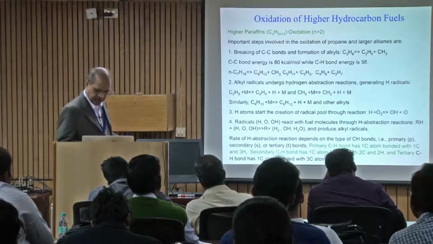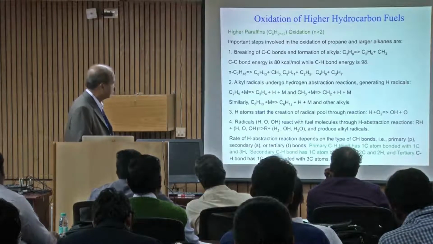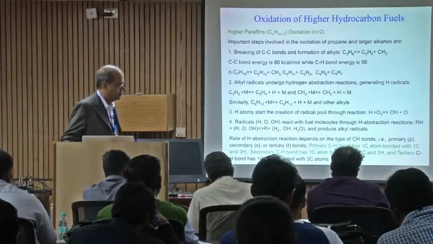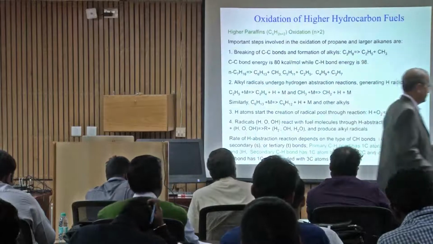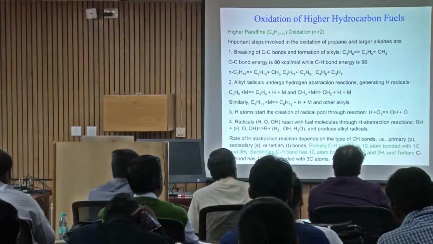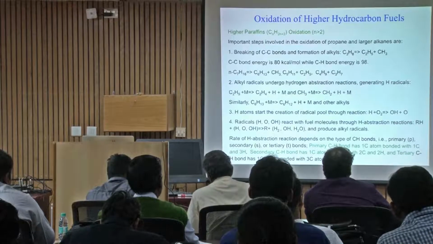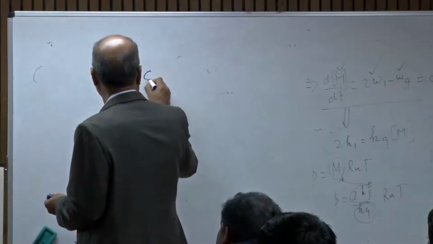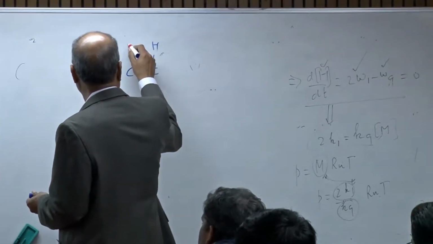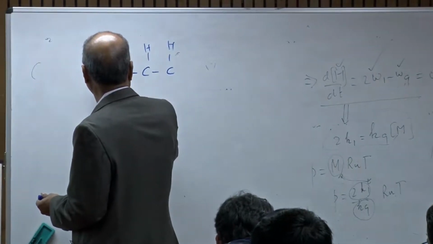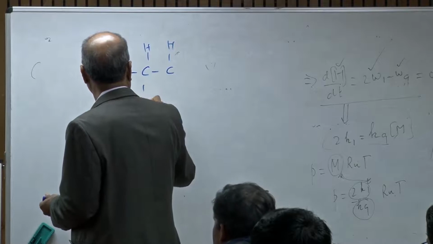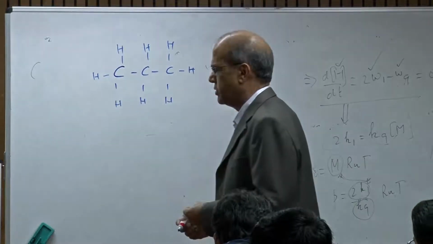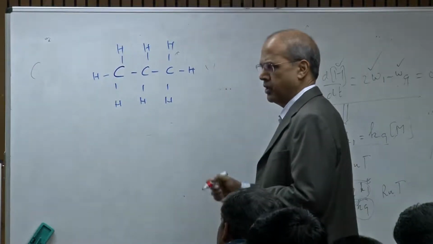If you look at the third or fourth line, let's consider and draw propane. You see there are a number of CC bonds, basically 3 CC bonds, and a number of CH bonds.